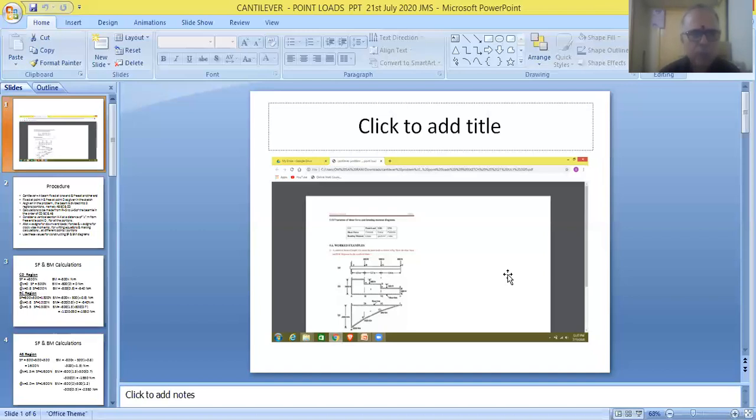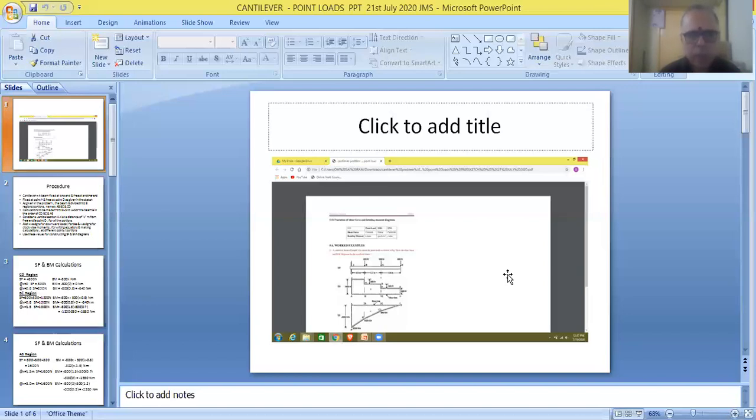We take all the values of shear forces and construct a diagram that indicates the shear forces acting at different points in the beam. That's why it is simply referred to as a shear force diagram.